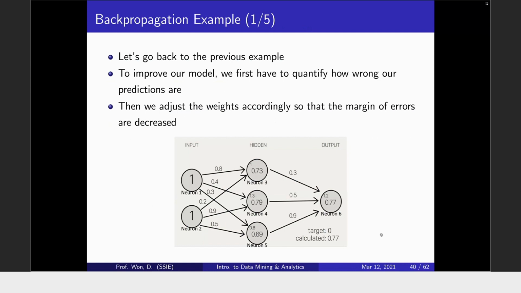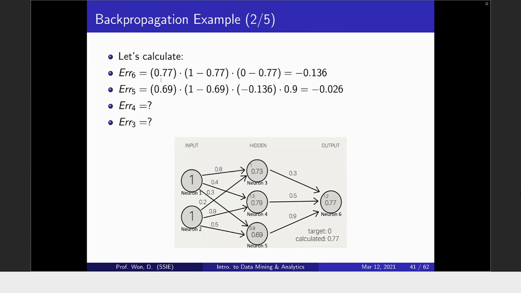Let's think about the backpropagation of this algorithm. First, think about it. This is all we had before, and this is what we got here, right? The next step, I want to change this value to reduce the gap between 0 and 0.77. So error 7's first case is, for example, 1 minus 0.77 and 0 minus 0.77, and the final one is minus 0.136.